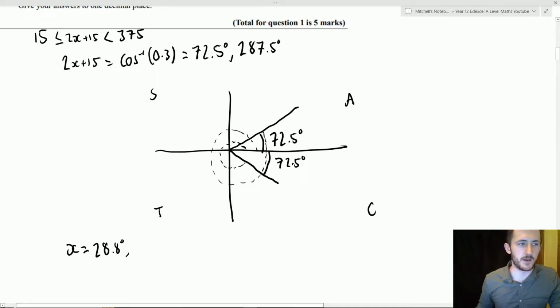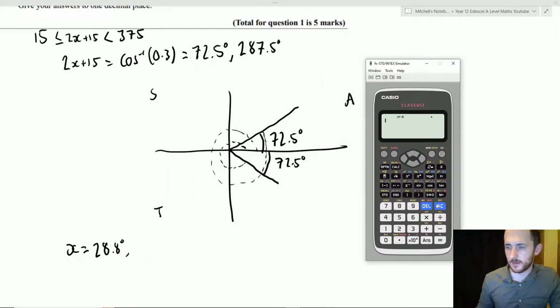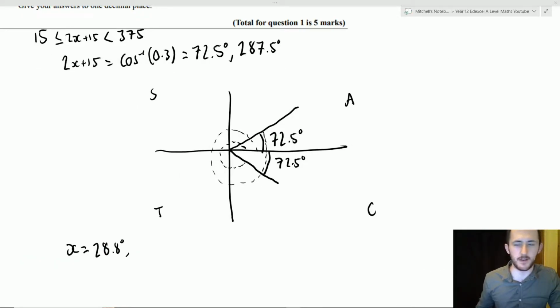And do the same for the other one. We have 287.5 minus 15 divided by 2 gives me an answer of 136.3 degrees to 1 decimal place. Hopefully that wasn't too bad.